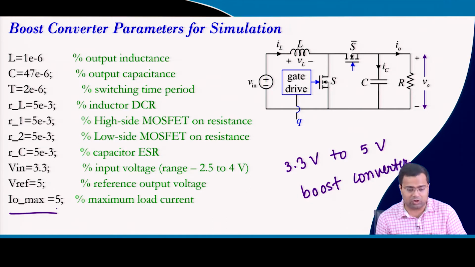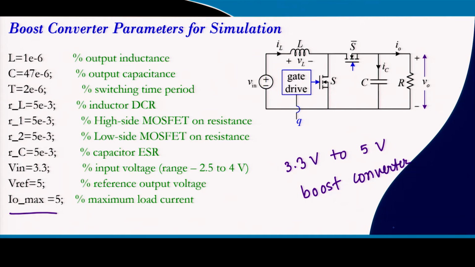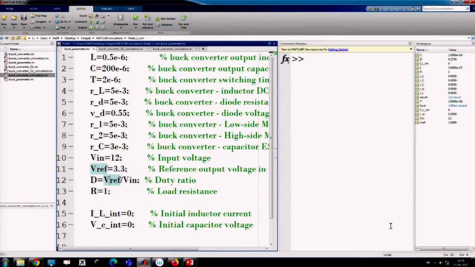First we will run the open loop simulation. So, let us go to the open loop simulation. In this simulation we have considered the parameters which I have shown: inductor 0.5 microhenry, capacitor 200 microfarad, time period 2 microsecond, RL, that is the DCR of the inductor, then diode resistance, diode voltage drop, then MOSFET on resistance.